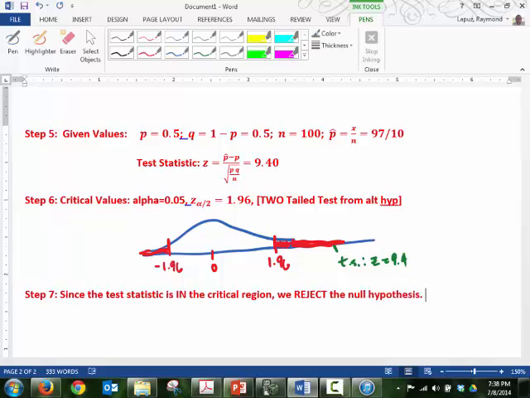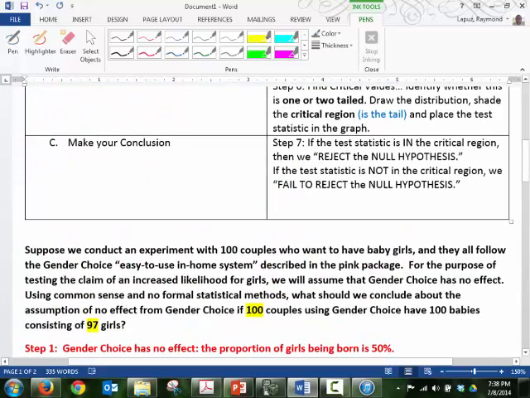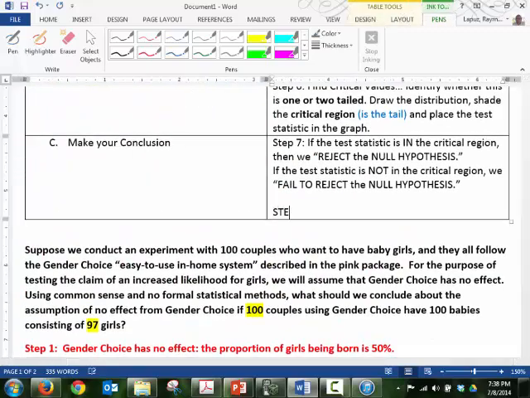We reject the null hypothesis. Okay? Now, this looks like it's the conclusion, but it's not quite the conclusion. So there's one more step left.